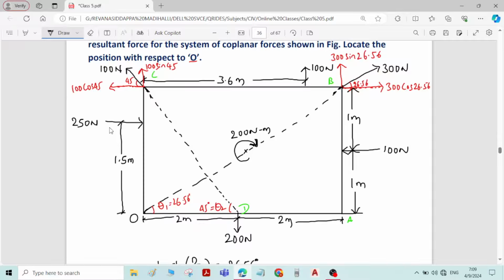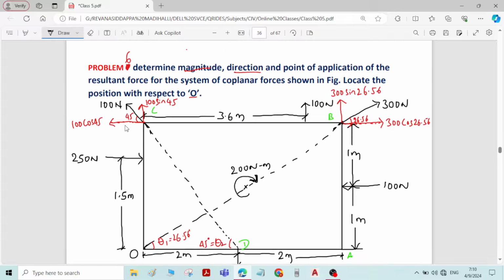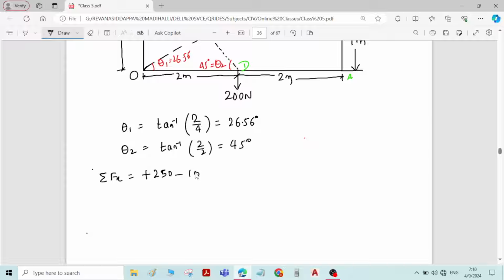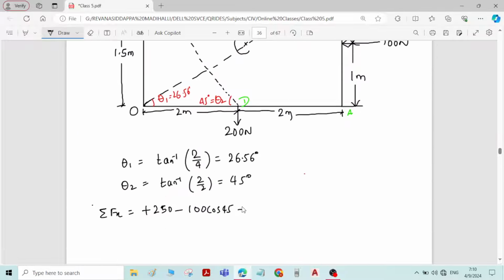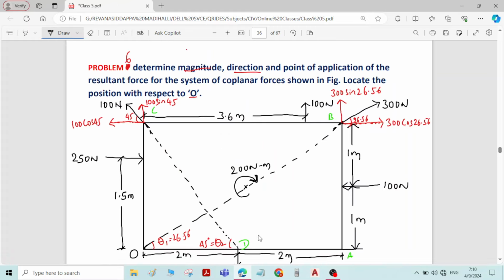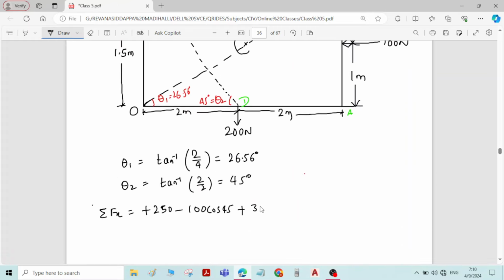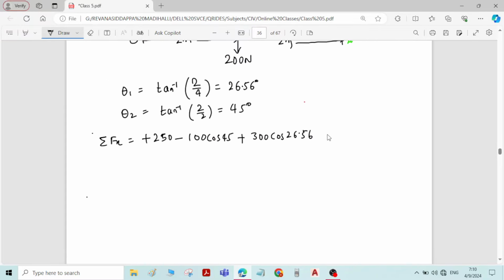We will start adding from the 250 Newton force. 250 Newton force is acting in right direction, plus sign, plus 250, and 100 cos 45 acting in left direction, minus sign, minus 100 cos 45, and here we have 300 cos 26.56 acting in right direction, plus 300 cos 26.56, and we have 100 Newton force acting in left direction, minus 100.